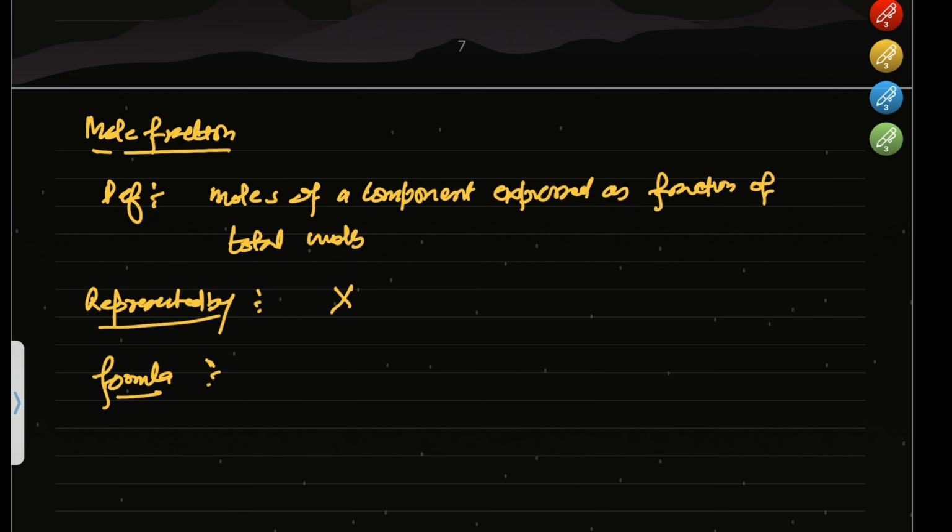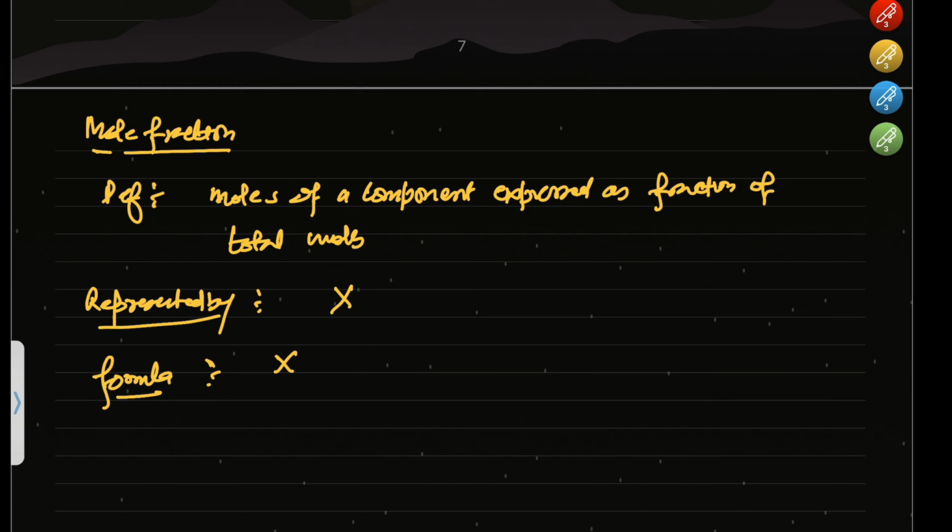Formula of the mole fraction. The mole fraction of any component, suppose component A, is equal to moles of A. Here we write the mole fraction of A as a symbol only in the formula.